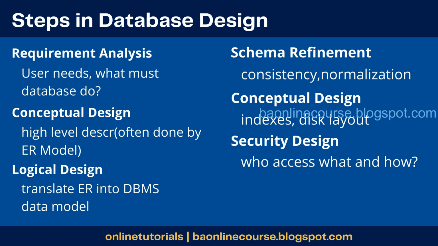So the security controls are implemented. So these are the 7 steps usually which happen in the creation of a database design, right? And your involvement primarily would be at the requirement stage.